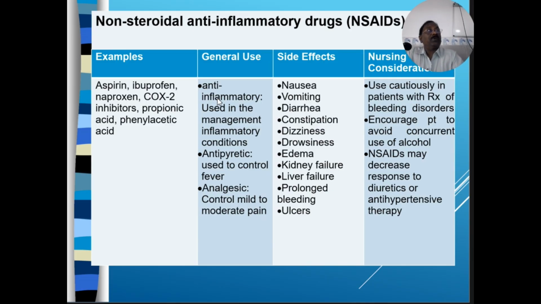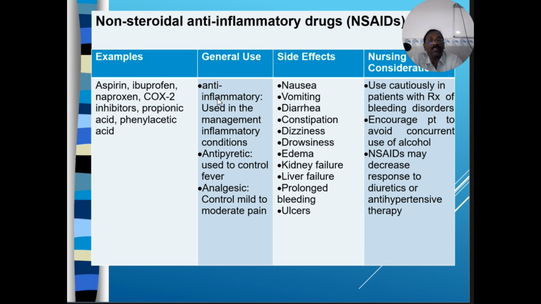See the side effect profile. So one should respect these side effects when the person is on chronic NSAID therapy: nausea, vomiting, diarrhea, constipation, dizziness, drowsiness, edema, kidney failure, liver failure, prolonged bleeding, and different ulcers in the gut.